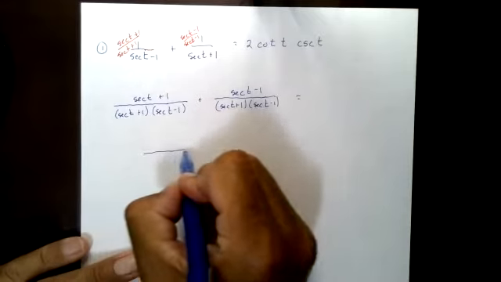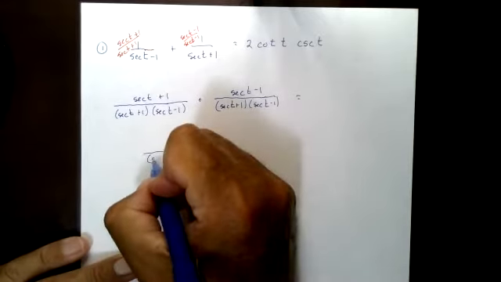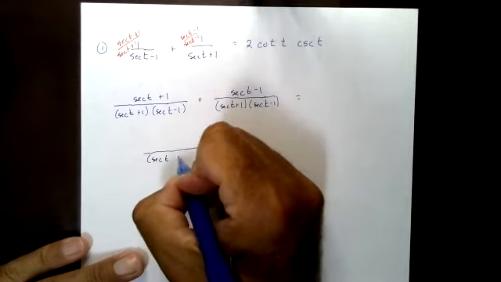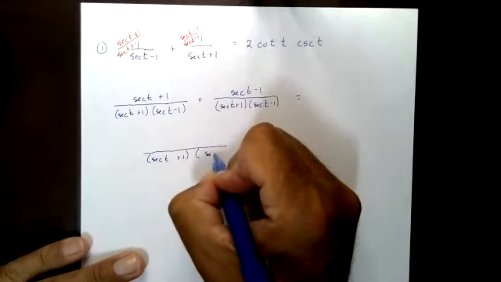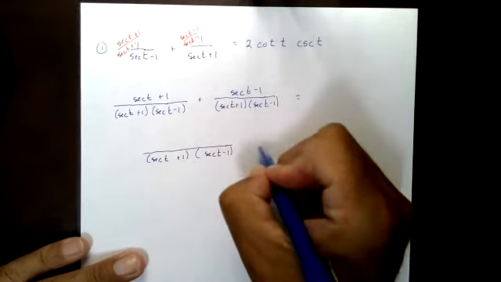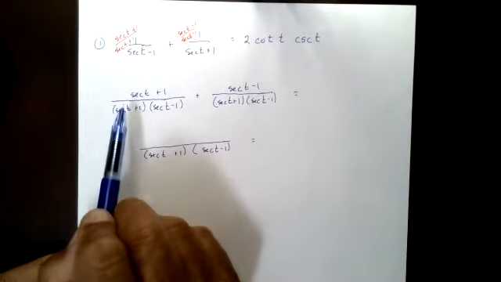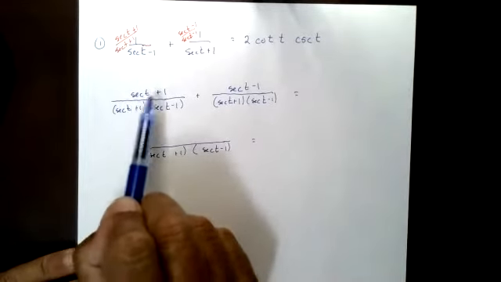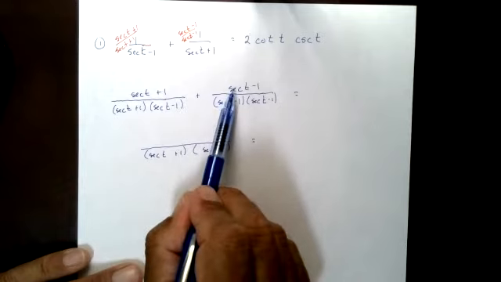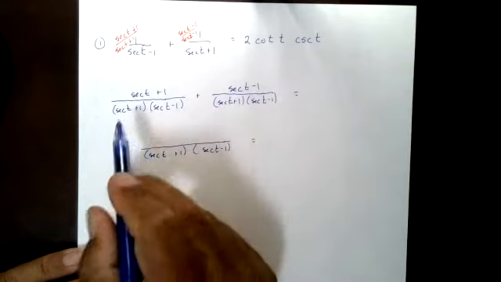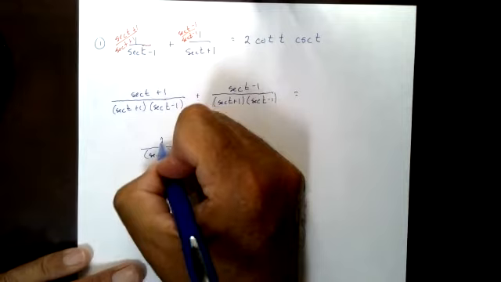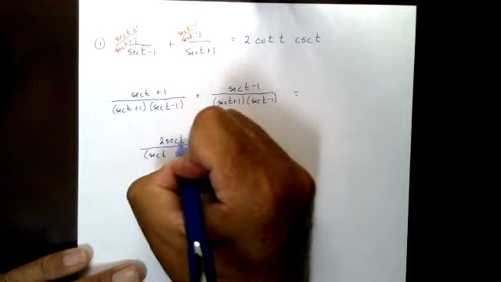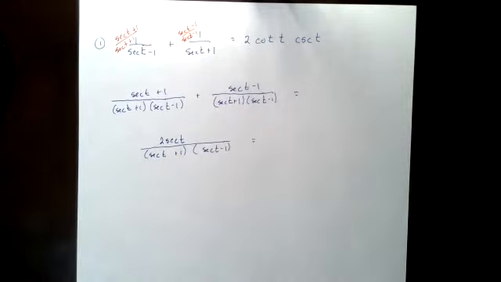If they both have the same denominator, I can now combine them. Secant of t plus 1 plus secant of t minus 1. Well, a banana and a banana, that's 2 secant of t's. Plus 1 and minus 1 cancel each other out.